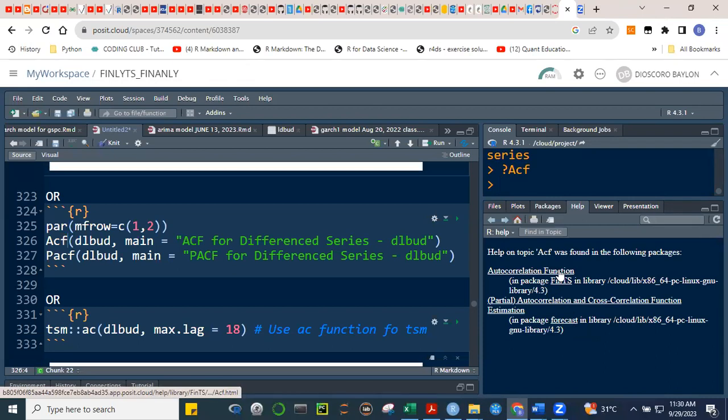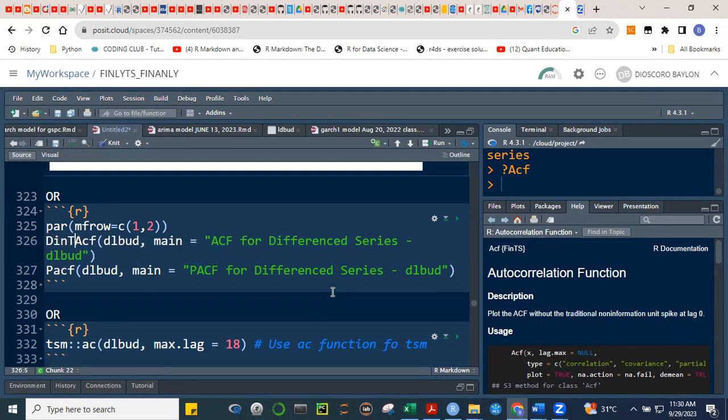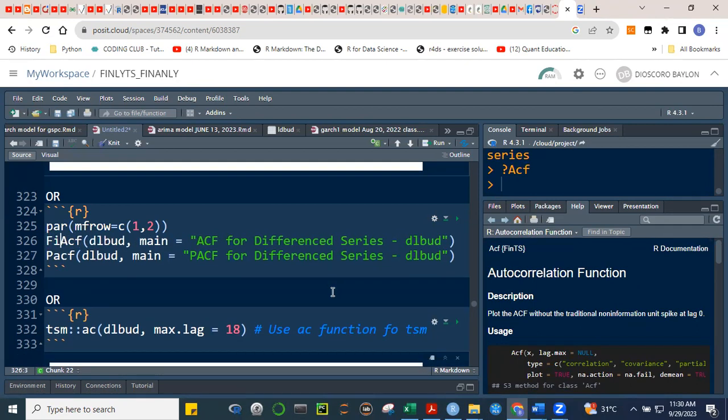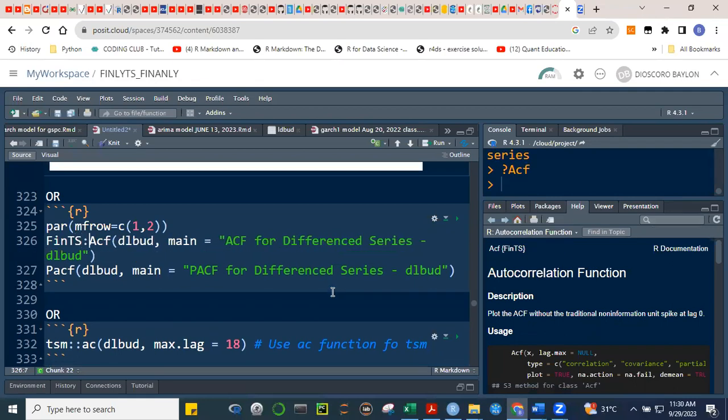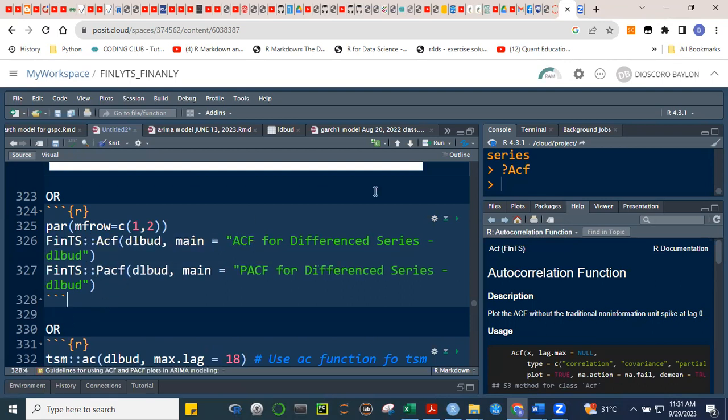Okay, if I click this, ACF class, no? FinTS, and this is the syntax you can use. Okay, so if you want to just be aware, pwede lagay dito FinTS, sorry, TS, at the onset, it might be good to write yung namesake niya so that you know which package is that coming.